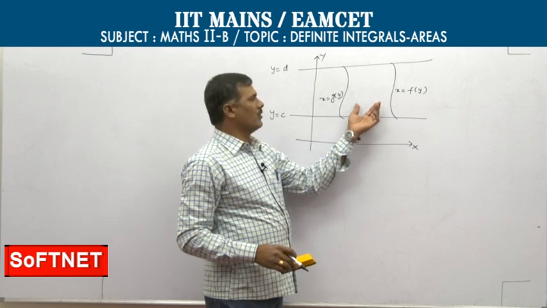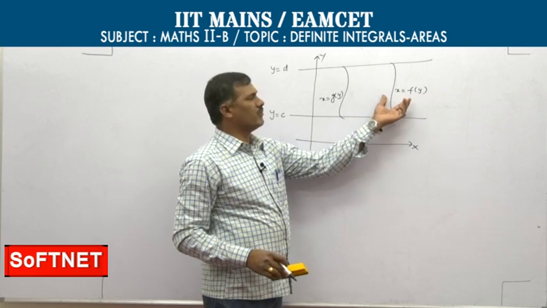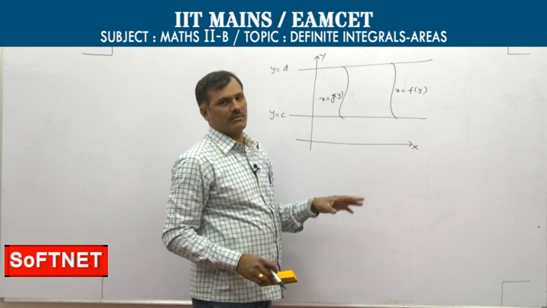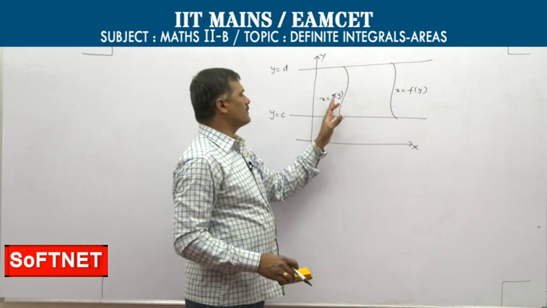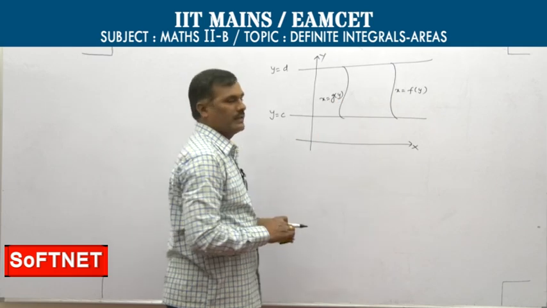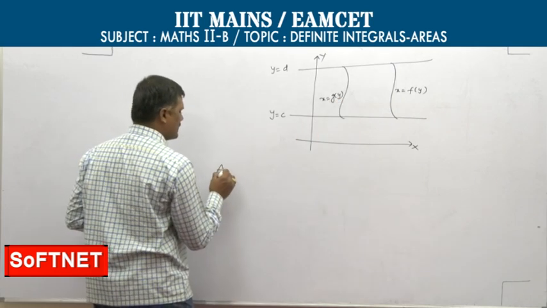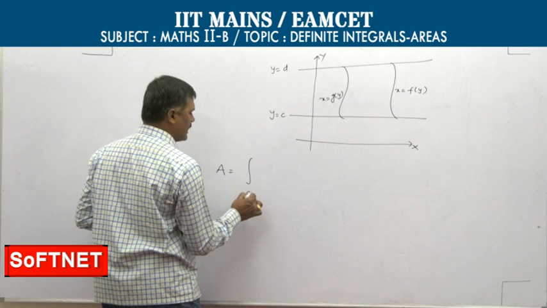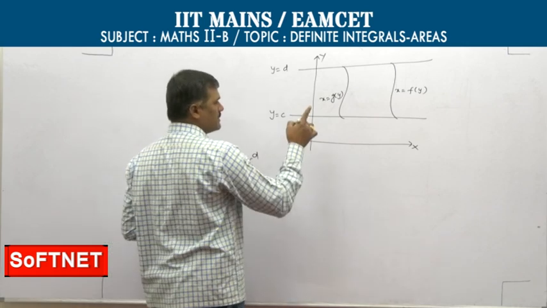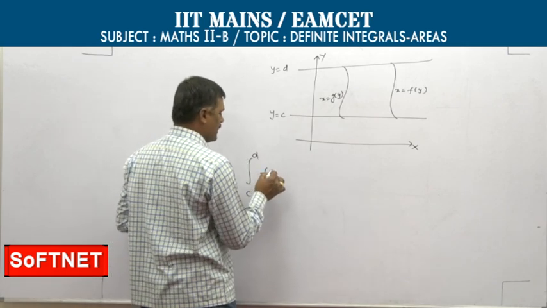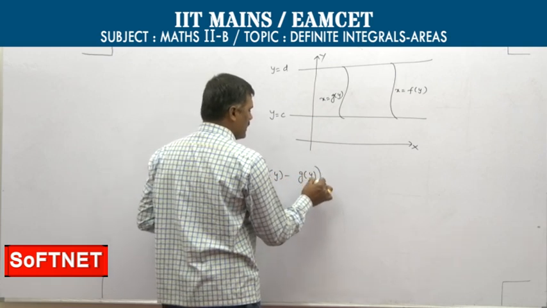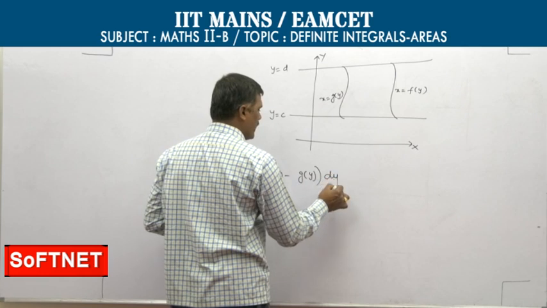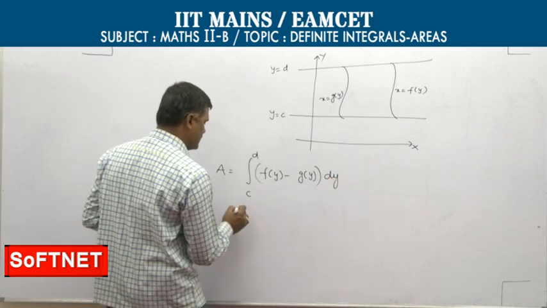When it is of this type, it is rightmost curve minus leftmost curve. Here the rightmost curve is x equal to f of y, the leftmost curve is x equal to g of y. Therefore, area A is equal to the integral of c to d of f of y minus g of y into dy.